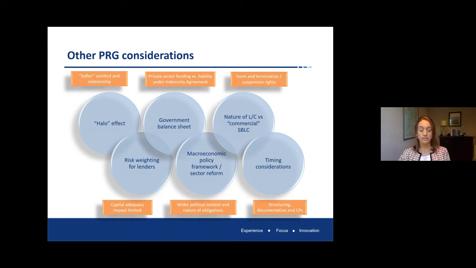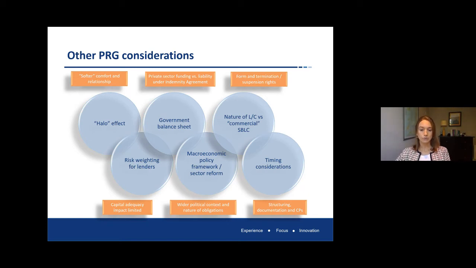Now, those discussions may well go smoothly, but there is obviously a timing implication to having to have those in order to put the framework in place in country before the project can move forwards and actually achieve financial close.